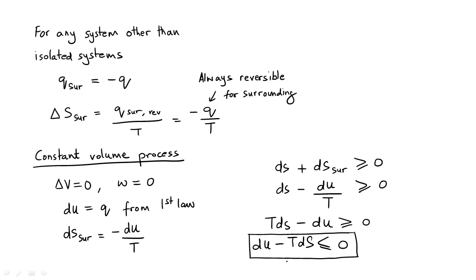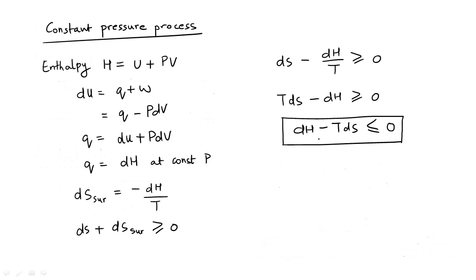So the criterion for spontaneous change in this constant volume process can be written easily as dA at constant temperature and volume less than or equal to 0. Similarly, for the constant pressure process, dH minus TdS is dG at constant temperature and pressure less than or equal to 0.